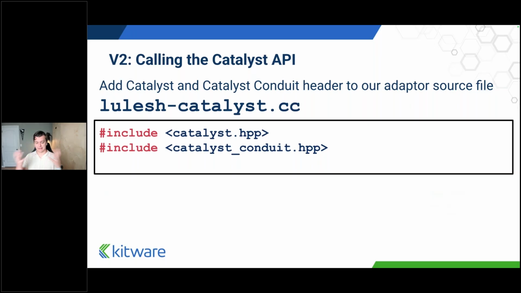These provide Catalyst, the actual functions that we need to integrate into our adapter, as well as access to conduit nodes, which are really the bread and butter of how we are able to describe data from your simulation for the purposes of Catalyst in situ processing. We'll dig into that a little bit more here. We probably won't get into as much detail as we'd like, given our time constraint, but if you're interested in learning much more about Conduit and all of its capabilities, let us know.